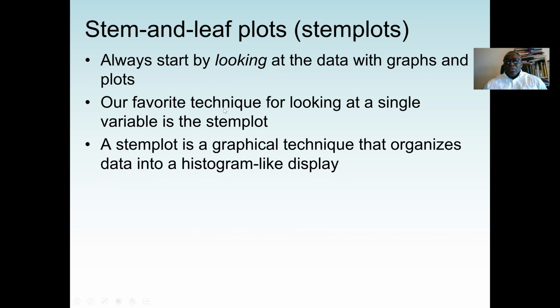One of the techniques we can use is the stem and leaf plot. A stem plot is a graphical technique that organizes data into a histogram-like display. Also, a histogram is a graph which looks like a bar chart.